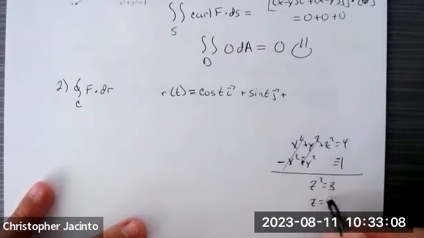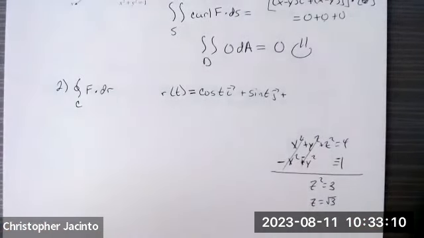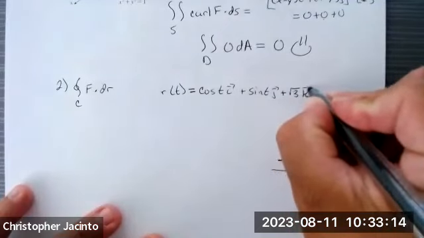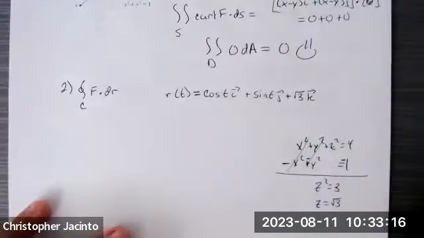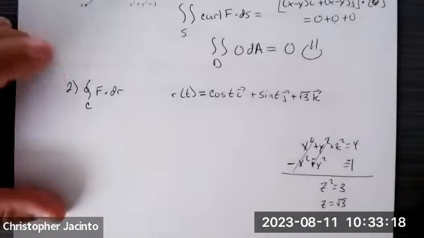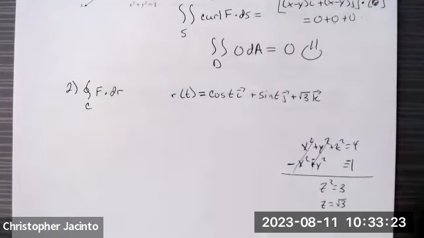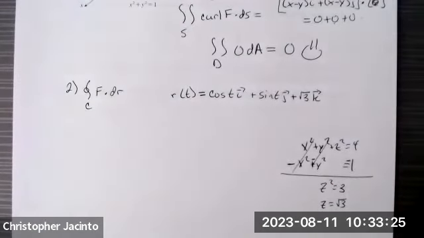So z is equal to the square root of 3 in this case. So that's going to be our parameterization in terms of just one term, right? Because remember, the line integral is only one variable. So we can't have it just x and y. So that's how we get that z term there.